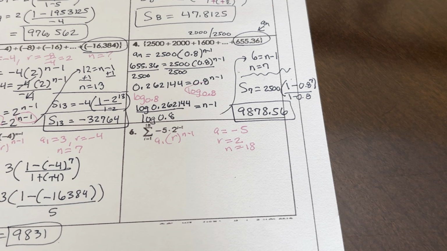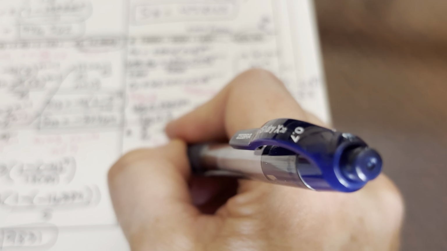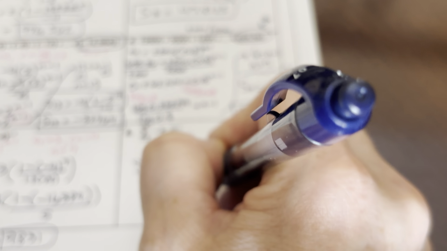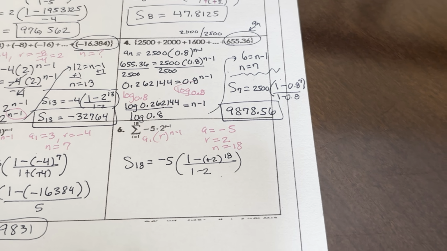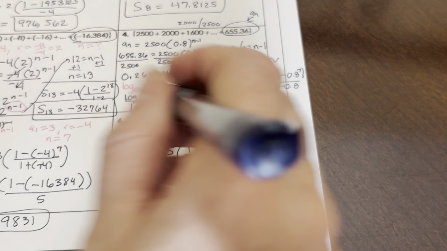So you're going to do S of 18 equals your first term, so negative 5, 1 minus 2 to the 18, over 1 minus 2. So it's just a 1 minus 2. I added in an extra accidentally. And then you do all the math on that, and you should get negative 1,310,715.